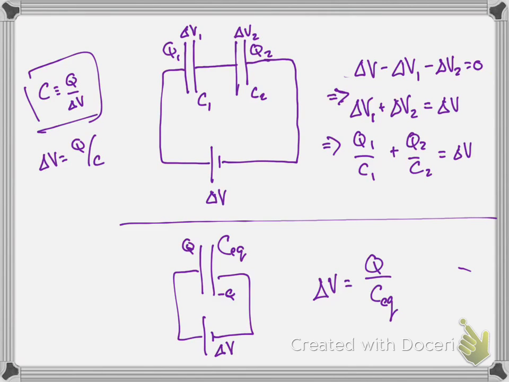And Q must equal Q1 and Q2, because the whole point of equivalent capacitance is that the battery must provide the same amount of charge, or the same amount of current, to the equivalent capacitance as it does to the 2 capacitors in series.